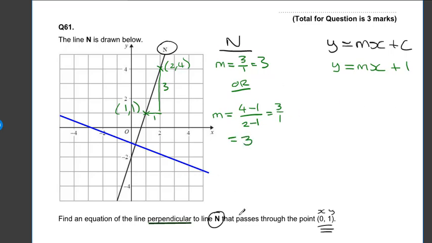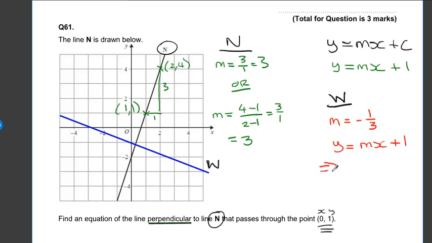That's for n. Our new line, let's not call it m, let's call it w. So for w, the gradient for w, you get this, you turn it upside down and change the sign. So it's minus a third. And we already know y equals mx plus 1.